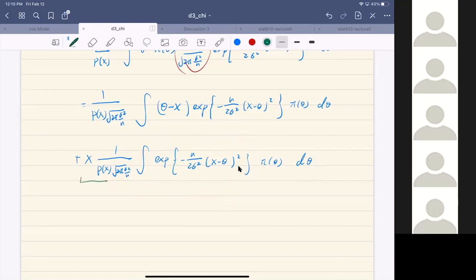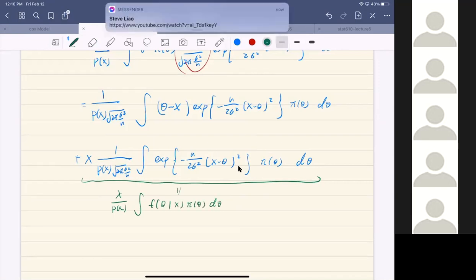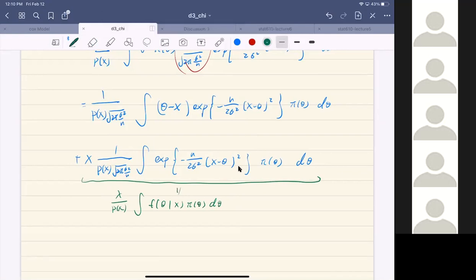For this term, it is equal to x divided by p of x times the integration of f of theta condition on x, pi theta, d theta. From the definition, this is p of x, so the whole term is x.